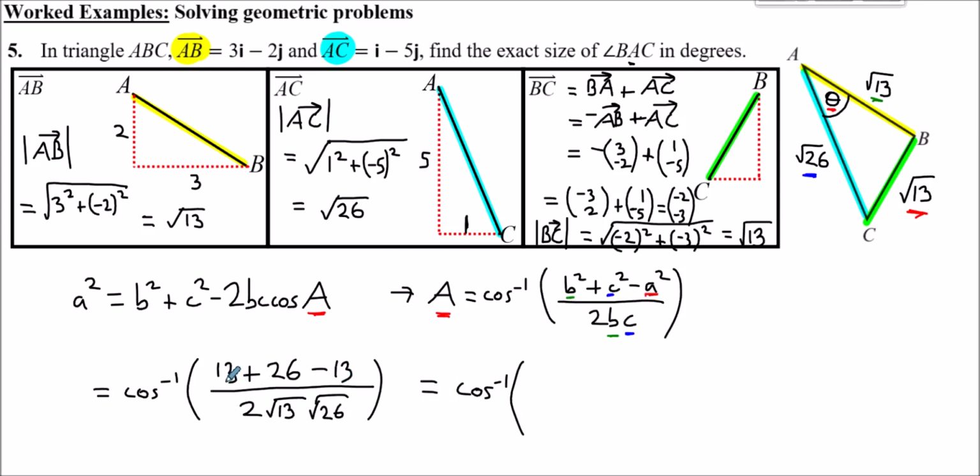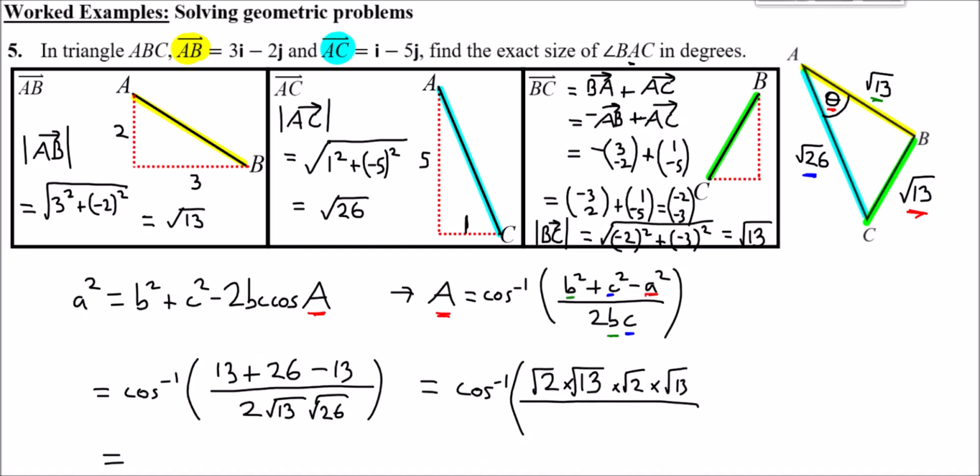So 13 plus 26 minus 13, we've got 26, okay? So we've got 26 on top, which I'm going to rewrite as 2 times 13. So because it's 2 times 13, I'm going to do this one as root 2 times root 13 times root 2 times root 13. By the way, if you're thinking, what on earth am I doing? Bear in mind, it could be calculated here.